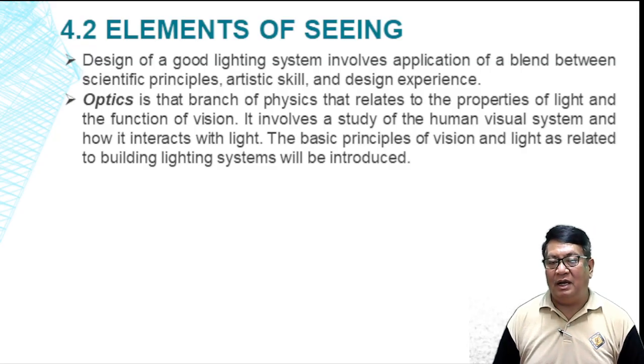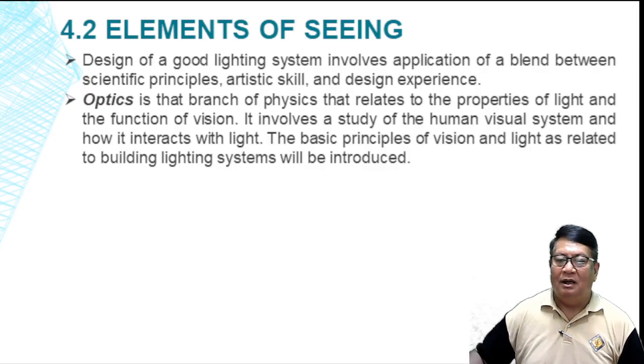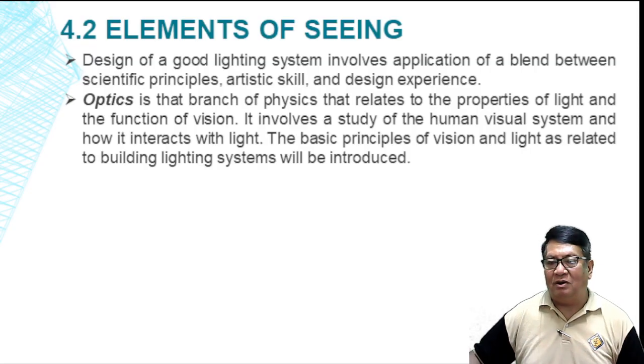The design of a good lighting system involves application of a blend between scientific principles, artistic skill, and design experience. Then we have the word optics. This is the branch of physics that relates to the properties of light and the function of vision. It involves study of the human visual system and how it interacts with light. So the basic principles of vision and light as related to building lighting systems will be introduced.